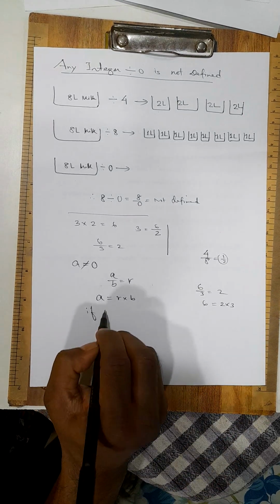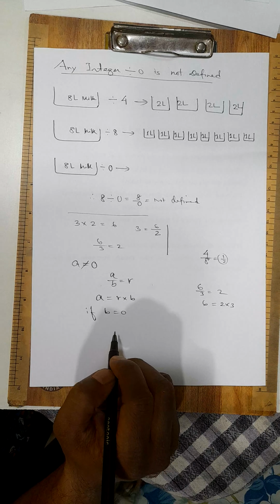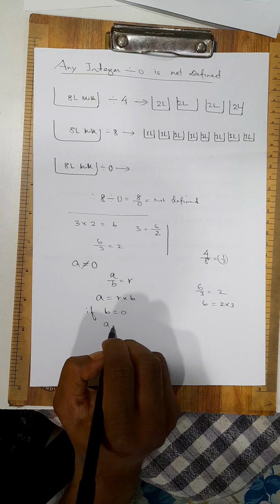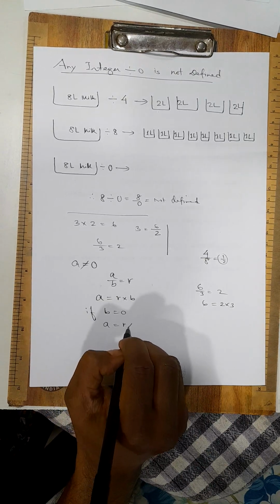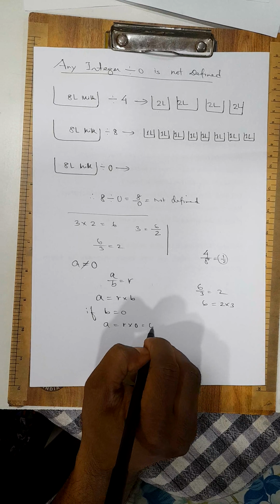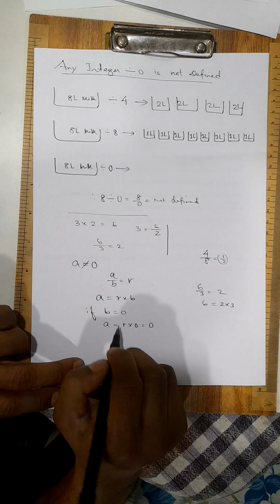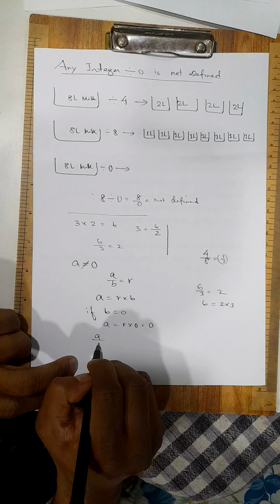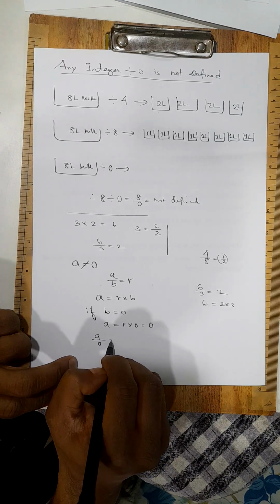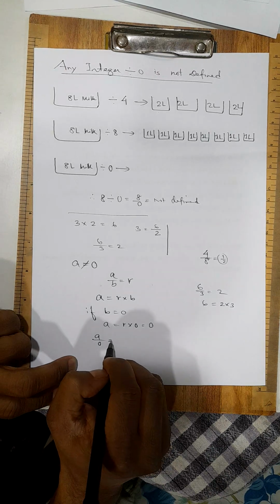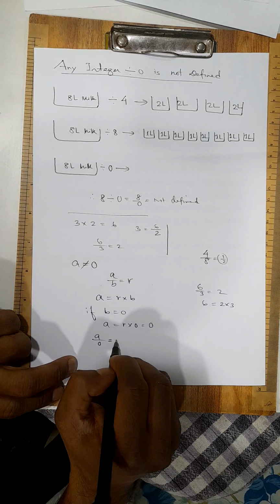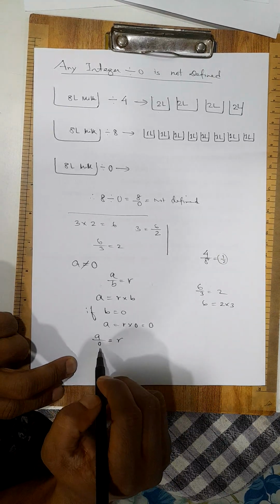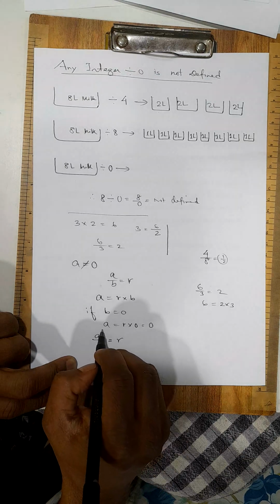Now if b equals 0, what would happen? If b equals 0, then you will find that a equals r multiplied by 0, which equals 0. So if b equals 0, a equals 0. Right? But if a by 0 equals r, what do we find?